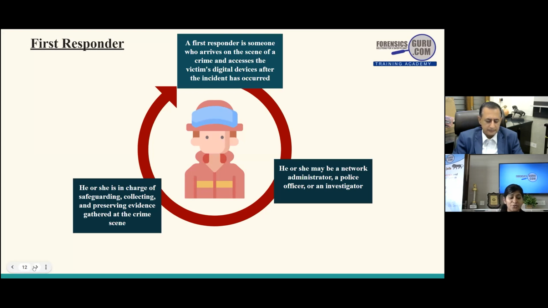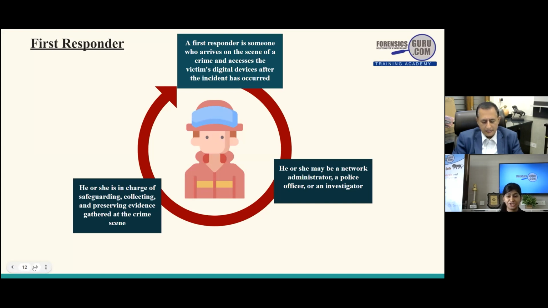In today's session we will only be talking about the digital crime scene scenario. We will only be talking about digital crime scene investigation and types of digital evidence.